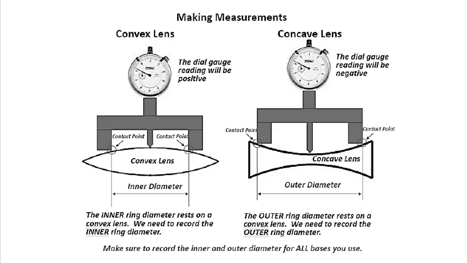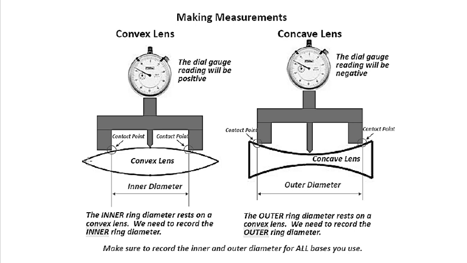Okay, so here are two diagrams. One is for the convex lens, how to measure it. The other one is for your concave lens, how to measure it by using this spherometer. For the convex lens, we set up our spherometer system using this dial gauge and a base, so the base has to touch this convex lens like this. You have your contact point here, and another contact point right there.